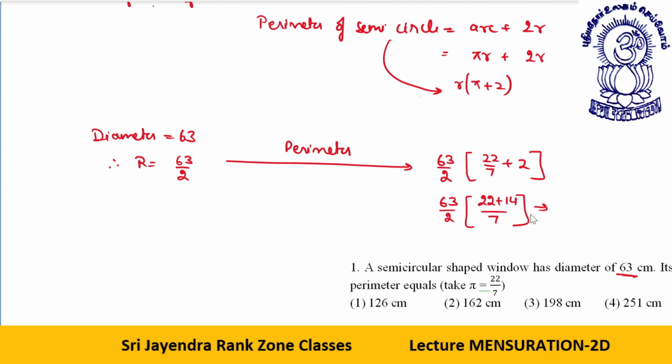This gives me 63 by 7 into 36 by 2, that is equal to 9 into 18. This is 162 centimeter. Option number 2 is your answer. Okay, dear students, shall I move ahead? Let's proceed further.